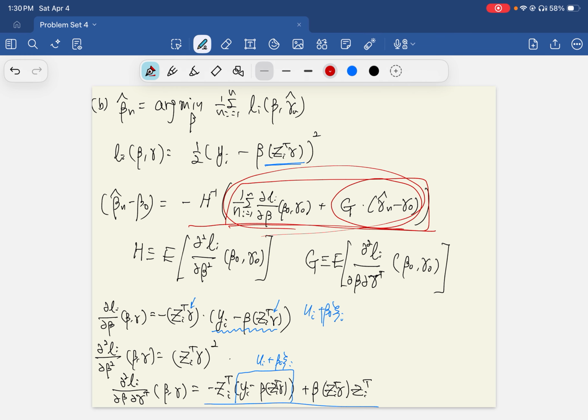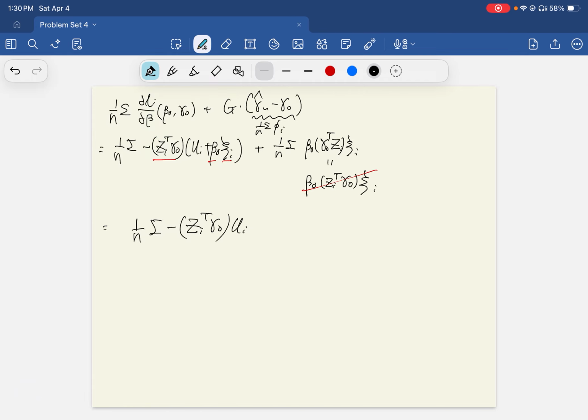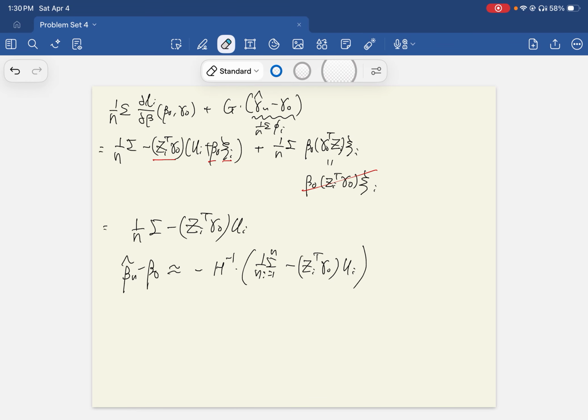Therefore, now we are almost done. The second stage estimator is approximately minus h inverse of summation sample average of minus zi transpose gamma 0 times ui. Okay, so I will ignore minus signs, does not matter.